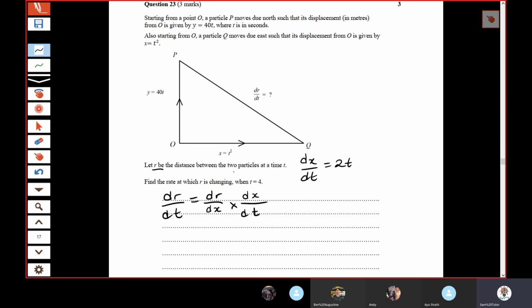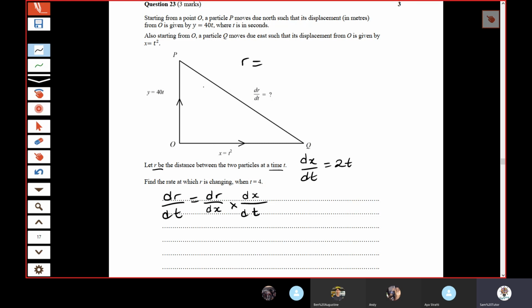Let r be the distance between the two particles at time t. So what would r be here? Isn't r equal to the hypotenuse? You can probably do it even faster.